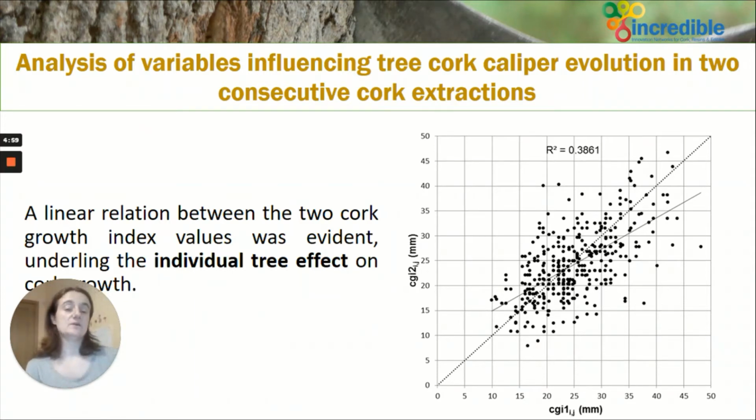So now, even if we observe that there is a significant individual tree effect, what we now want to look at is how other variables are, to some extent, explaining the fact that the cork growth index increased or decreased along this cloud of points.